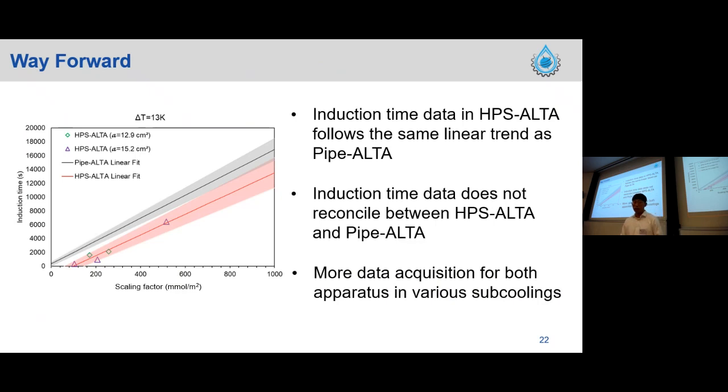So probably there is some missing information or something that needs updating in this framework. As the way forward, more data will be required for both apparatus, and for different concentrations and subcoolings as well. Okay, so to wrap up this talk here.